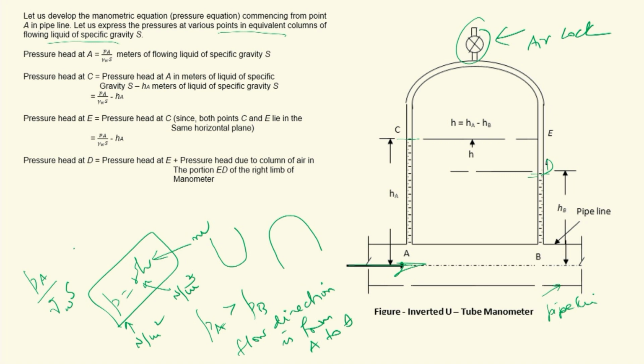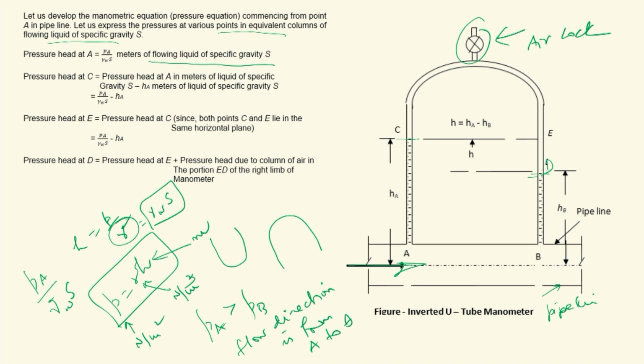So what is H? H is equal to P by gamma. So PA is the pressure intensity at A, Newton per meter square. Gamma is the specific weight of liquid or fluid that is flowing in the pipeline, which can be expressed as gamma W into S, where gamma W is the specific weight of water and S is the specific gravity of the flowing liquid. So PA by gamma WS, meters of flowing liquid of specific gravity S.